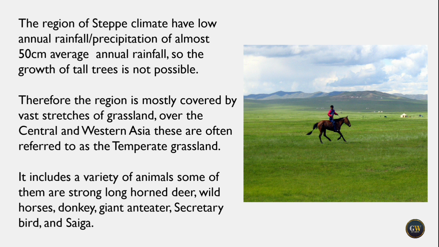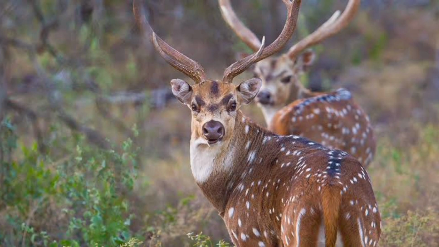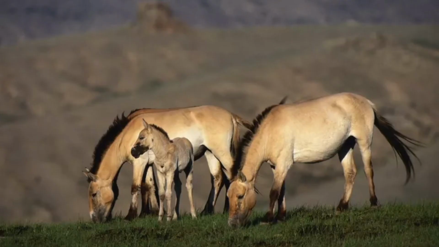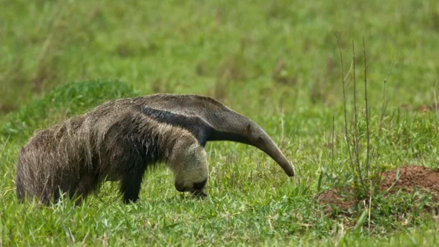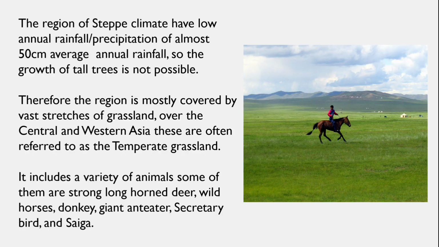These are often referred to as temperate grassland. So the steppe type of climate is also known as the prairie climate and also known as the temperate grasslands. It includes a variety of animals such as the strong long-horned deer, wild horses, donkey, giant anteater, secretary bird and the saiga. So these all are the wildlife of this steppe type of climate.